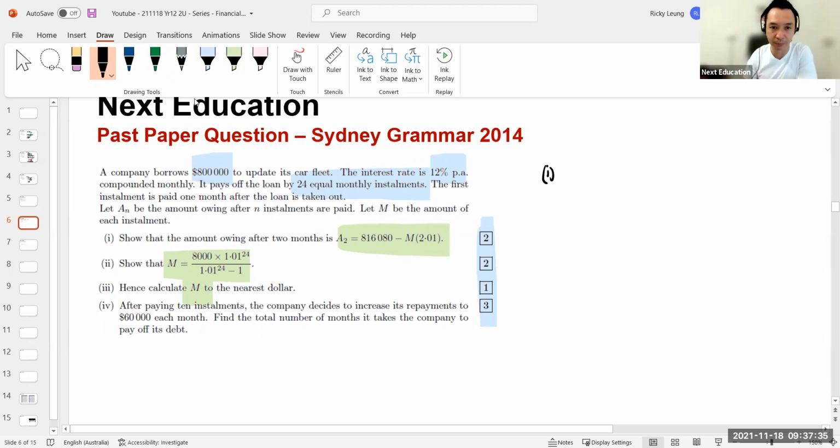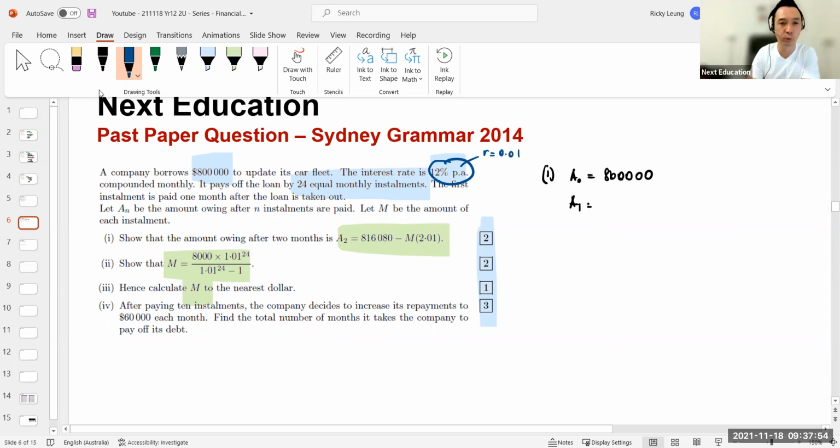So in this case, part 1. I know A0 is the loan amount, 800,000. Very textbook, questions 1, 2, 3. A1, once again, this is monthly, so be careful. If it's monthly, you just have to convert that to a monthly rate. So divide by 12 to get 1%, 0.01.